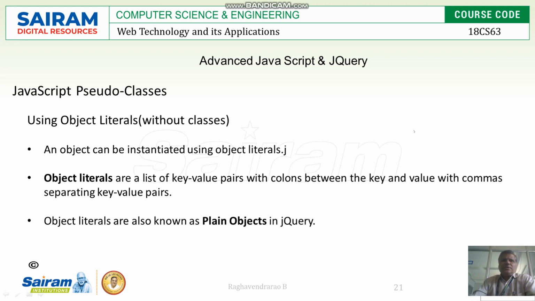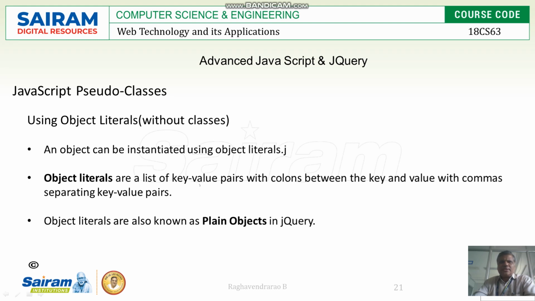First of all, here the object can be instantiated using the object literals, nothing but the JavaScript. The object is going to be there, so you can directly implement the instantiation. They are a list of key value pairs.